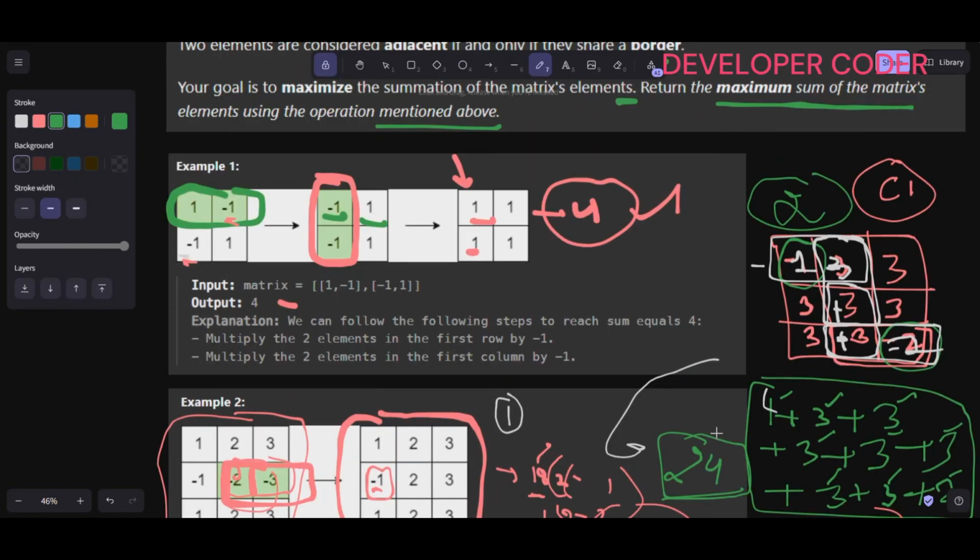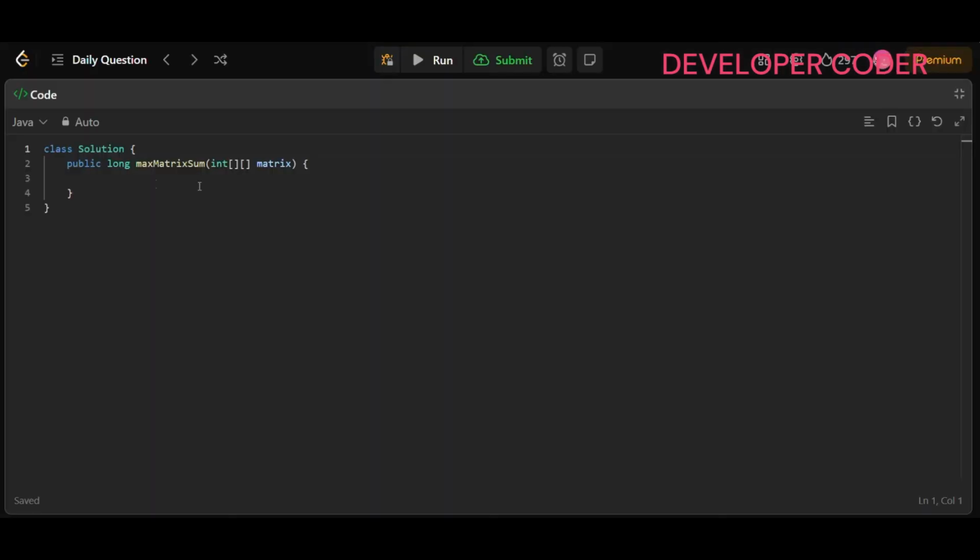So now let's write the code. So easy, right? We are given a matrix with an equal number of rows and columns, and we have to return the answer in long format.